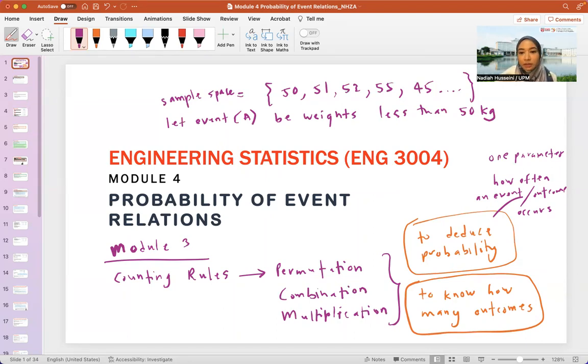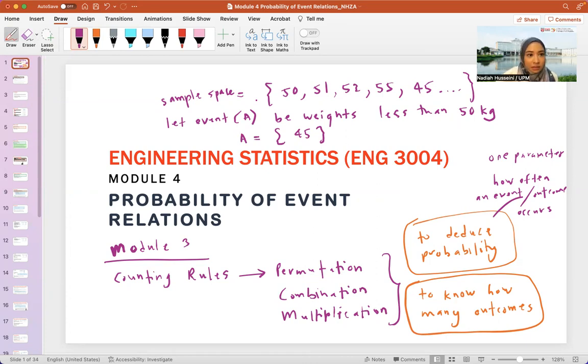So you guys are not particles. So let event A be weights that are less than 50 kilograms. So now my event A is 50? No, 50 is not less than 50 kilograms. So I will only have one, 45. It's just Sol, right? So A is 45. So this is my event.